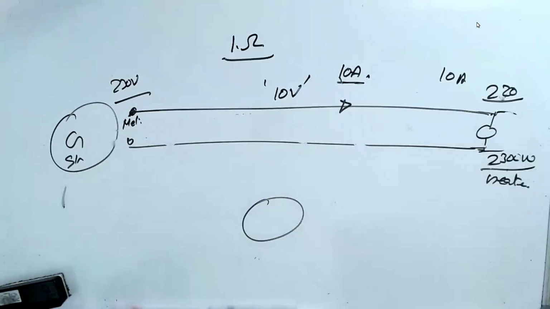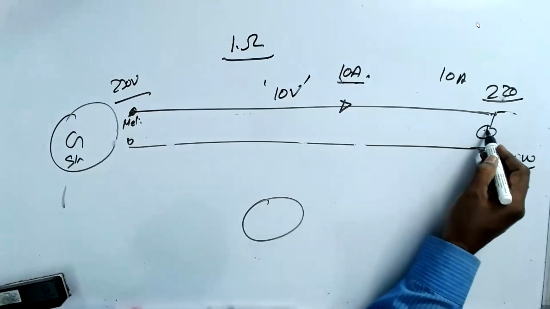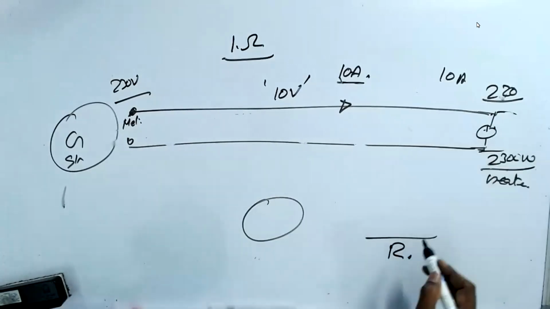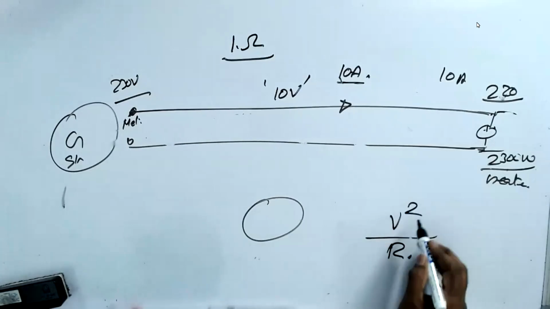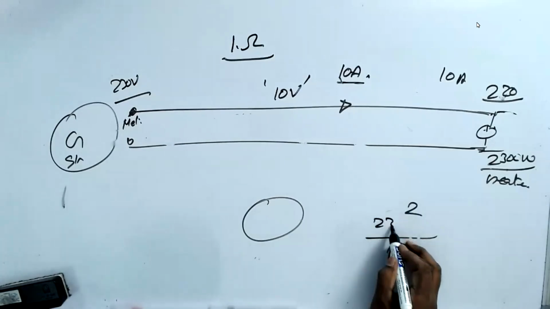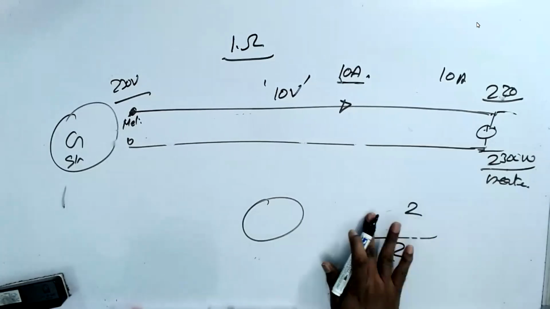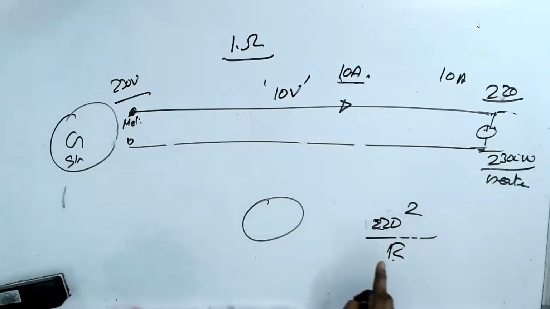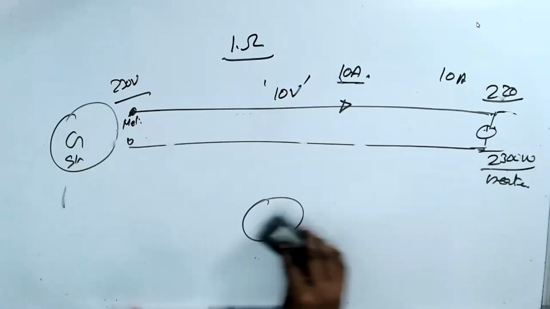Understand? The resistor is fixed. The bulb's resistor is fixed. Any device R is fixed. Power is V squared by R. If you give 230 volts, then more power. If you give 220 volts, less power. Understand? So that's the way it happens.